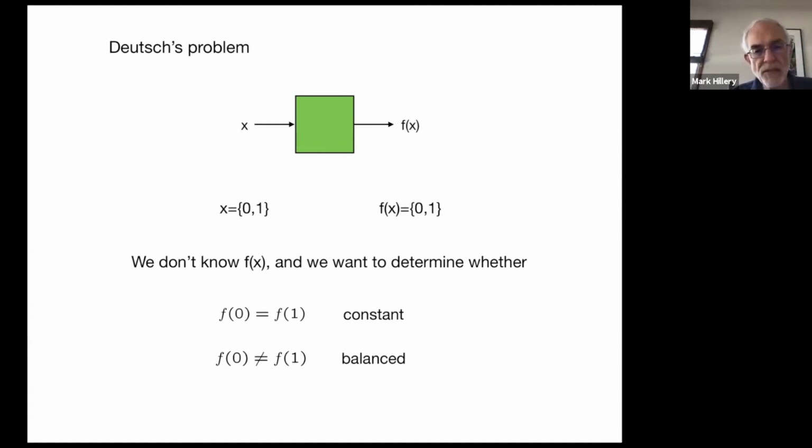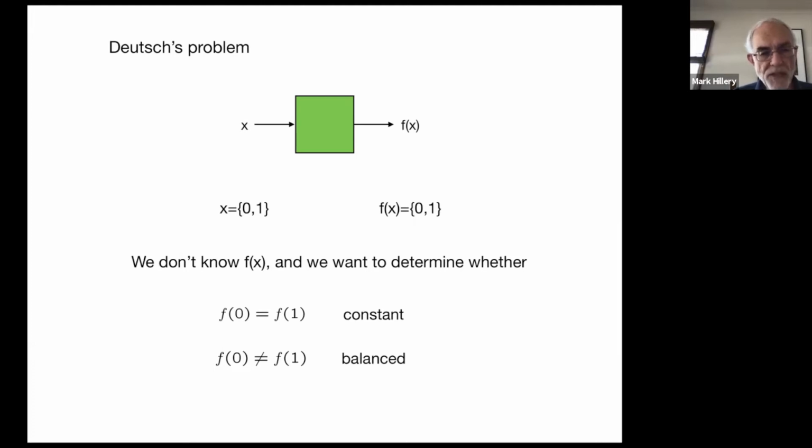And this is a so-called Boolean function. For Boolean functions, f of x is always either 0 or 1. And this is about the simplest thing you can come up with, because it's a 1-bit input and a 1-bit output. Okay. Now, the idea here is that we don't know what f of x is. And we would like to determine whether it satisfies one of 2 possible properties.